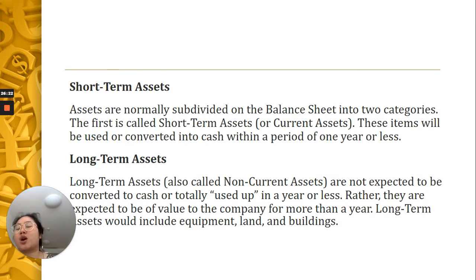So this one is short-term: the due date is one year. Long-term assets, also called non-current assets, are not expected to be converted to cash or totally used up in a year or less. This means they are expected to be of value to the company for more than one year. Long-term assets include equipment, land, and also the buildings of the company.